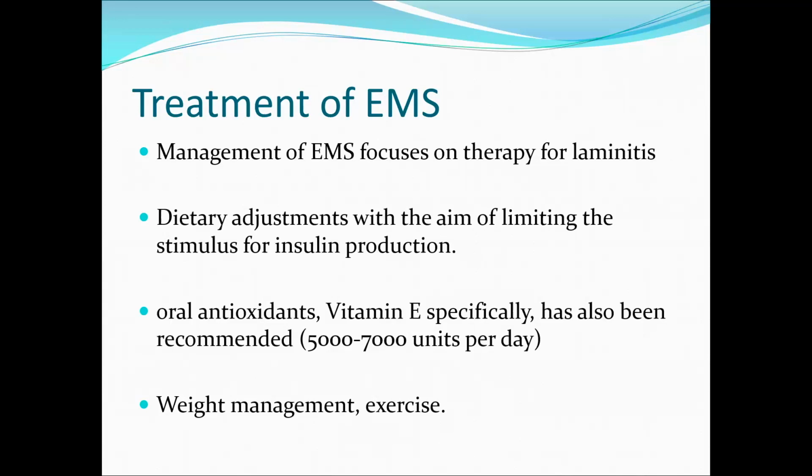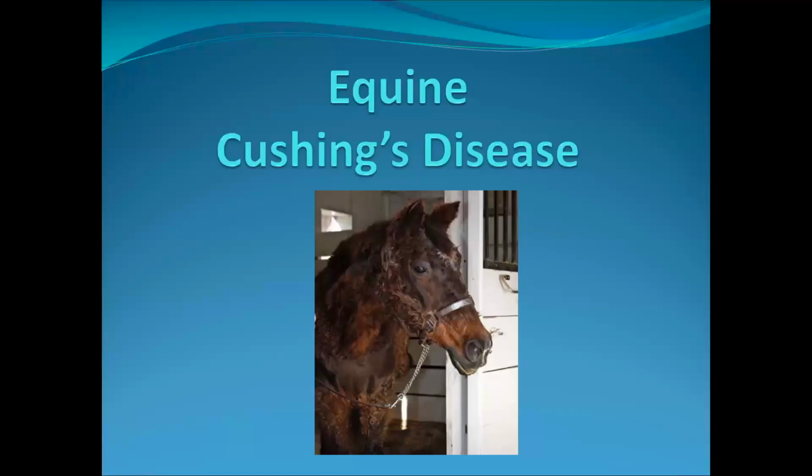The goal there is it's an antioxidant and helps with free radicals and all of the things that happen with laminitis. And so we can add that into their other nutraceuticals that they're already getting. And then weight management and exercise, still very important. Again, we have to balance that with this horse being painful and sore on its feet. So that can be a little difficult. Any questions on EMS and how it relates to insulin resistance?